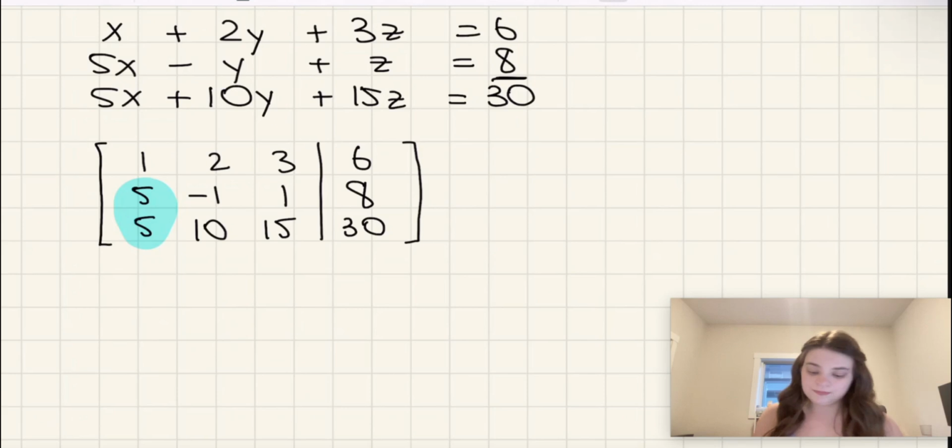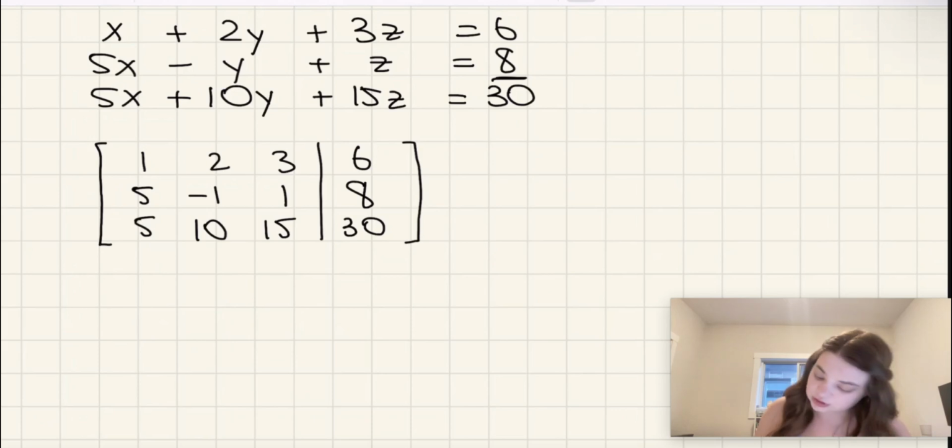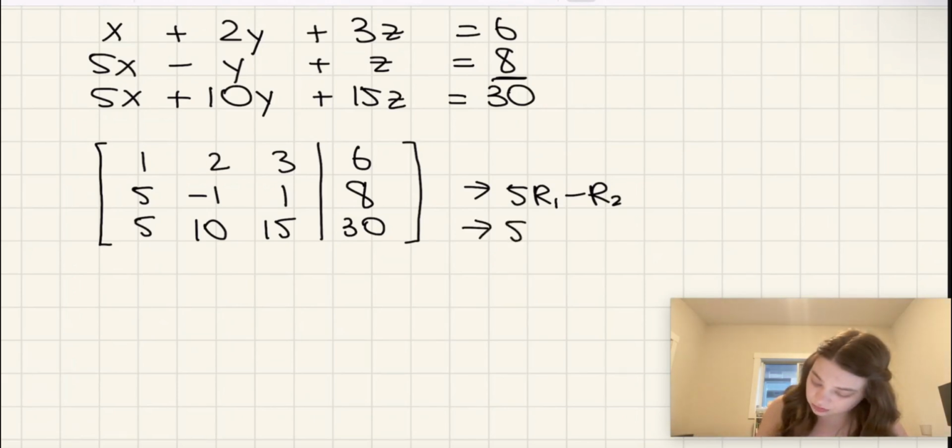So for both of the rows, I'm going to multiply the first equation by 5 and then subtract the second equation. So the new second equation is going to be 5 times row 1 minus row 2. And for our new row 3, it's going to be 5 row 1 minus row 3.